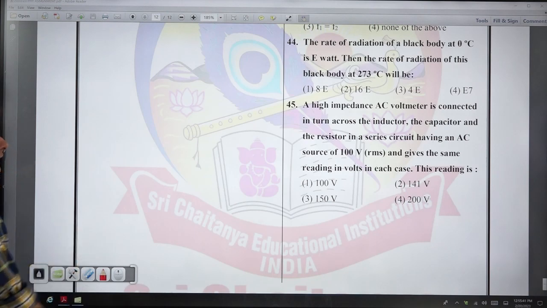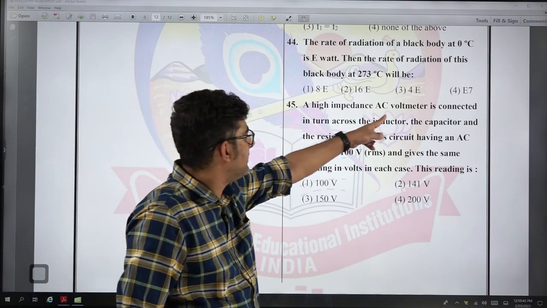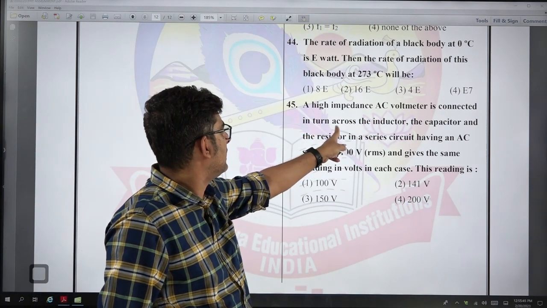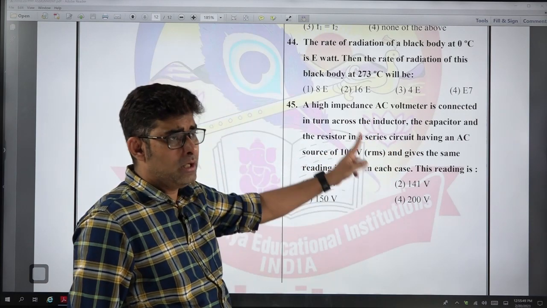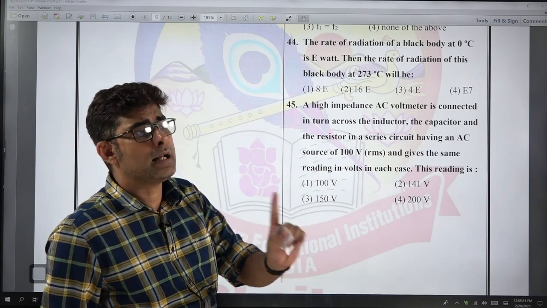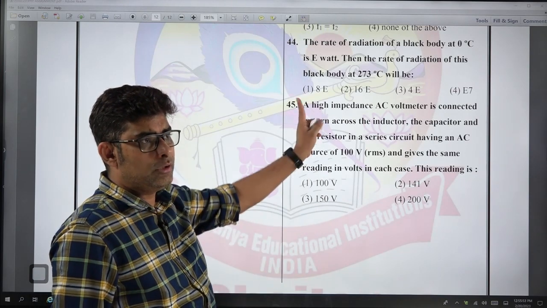The last question: a high impedance AC voltmeter is connected across the inductor, capacitor and resistance in a series circuit. Remember, in AC you measure only the RMS voltages and RMS currents, so these are RMS values.